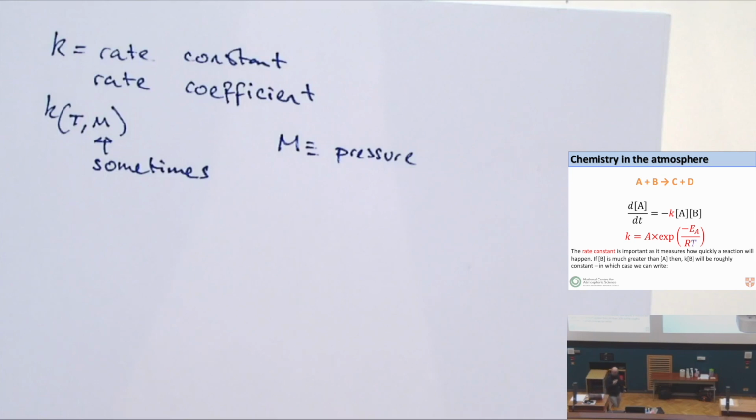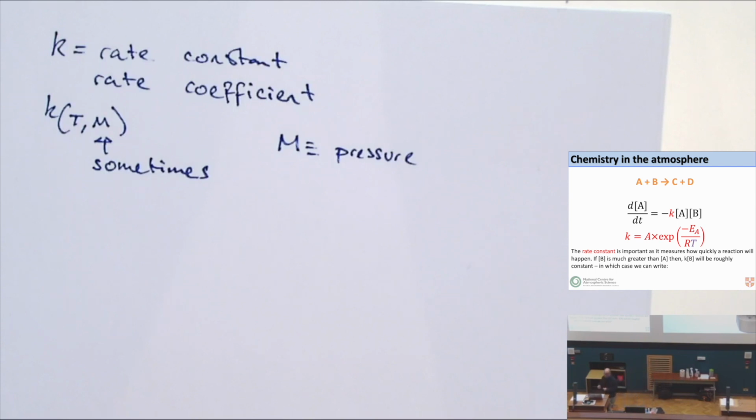But what we will dwell on is the fact that we can think about reactions of different orders. Before, we've been thinking about two things coming together, so the rate of that reaction depends on the concentrations of both things. But if the concentration of one of those things is really large compared to the other, then effectively the thing which is really large in concentration doesn't change with respect to time.